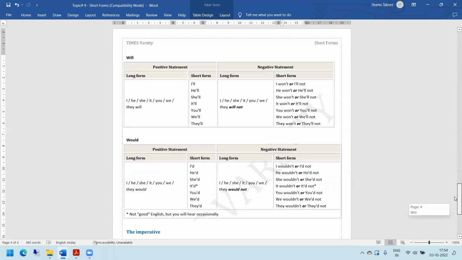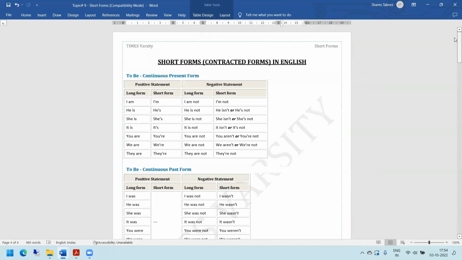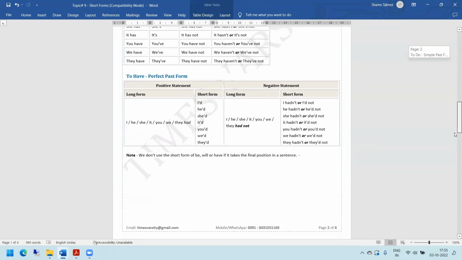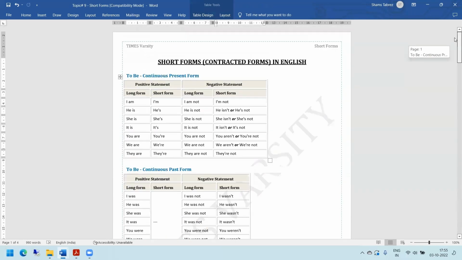So these are very commonly used short forms in English. And the synonym which is used is contracted form. Another term which is used for short form is contracted forms in English. So these are short forms in English. Yes, any question related to these short forms?